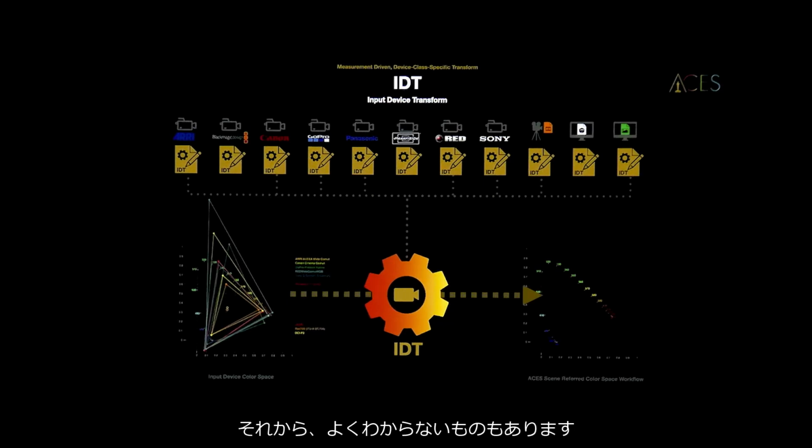And then you have, for instance, photographs of cats from Google, whatever. If you want to put something from Google, okay, you use another IDT for converting from, say, sRGB into ACES. So for every color space, there is an IDT. So you can get any image into the ACES workflow. So this is the door of the ACES workflow.